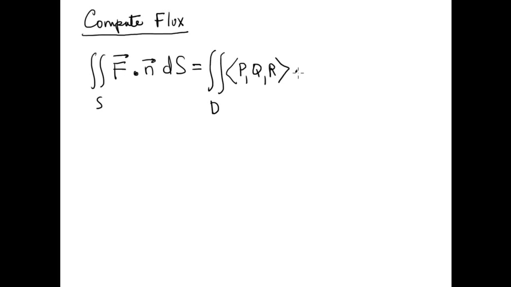The normal vector in graph parameterization is gx, comma, or minus gx, whatever. The orientation is not important. Minus gy, comma 1, divided by the magnitude, which is the square root of gx squared plus gy squared plus 1 squared.